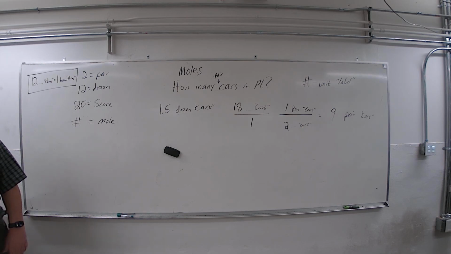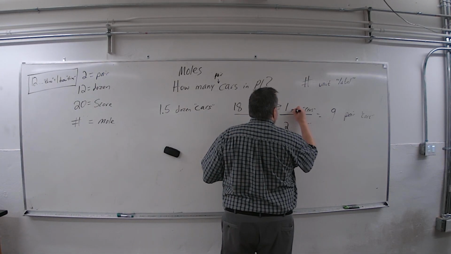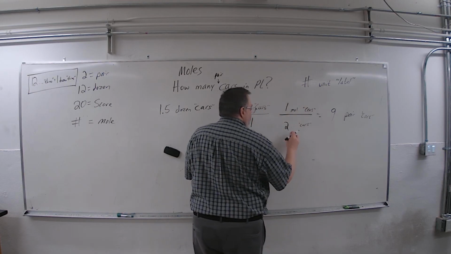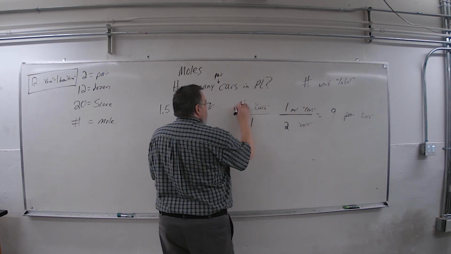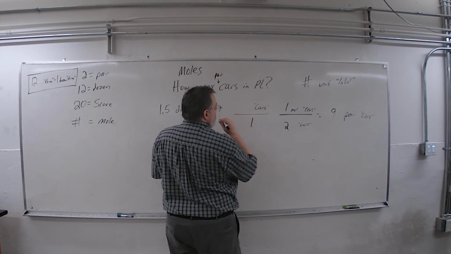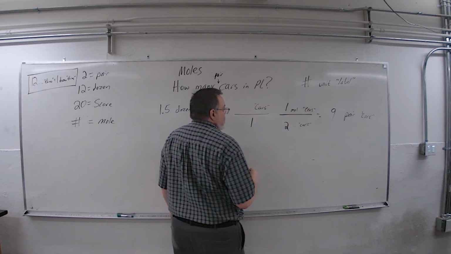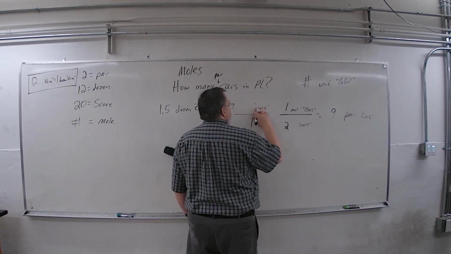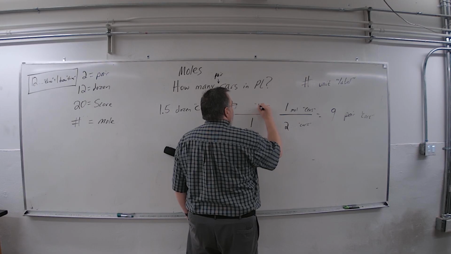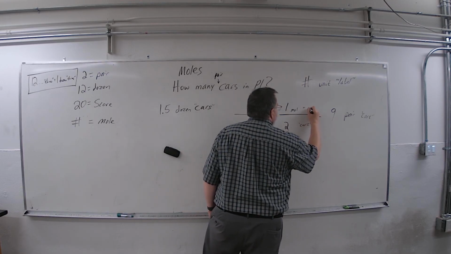Moles is exactly the same. I'm just going to erase this. There's still that blank. I'm going to put a much bigger number here, though. So instead of cars, I'll say helium atoms.